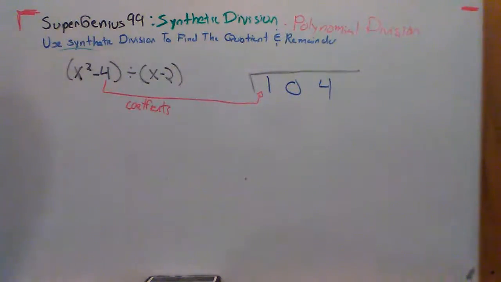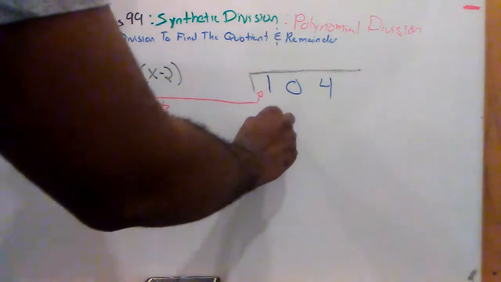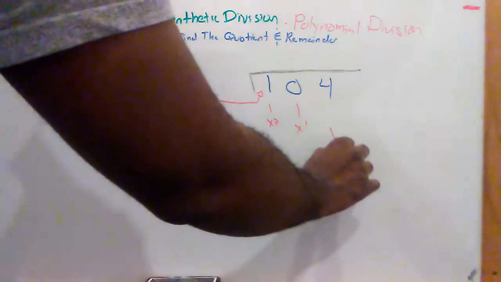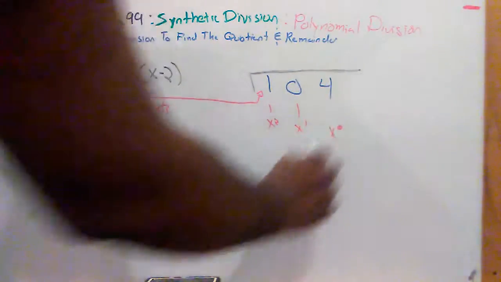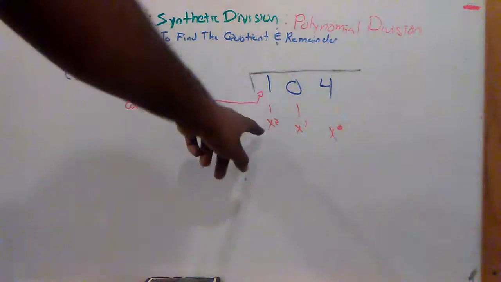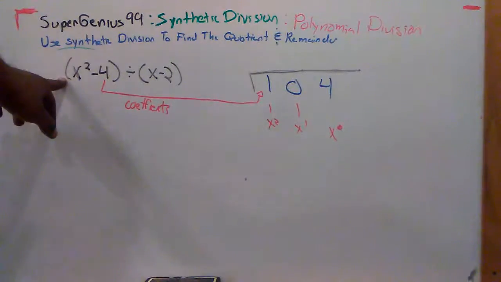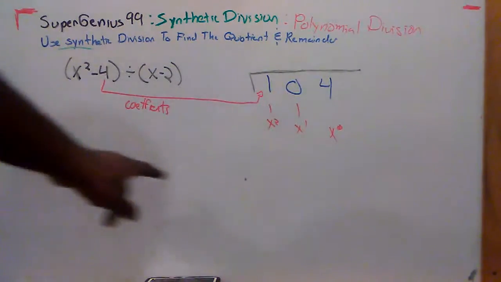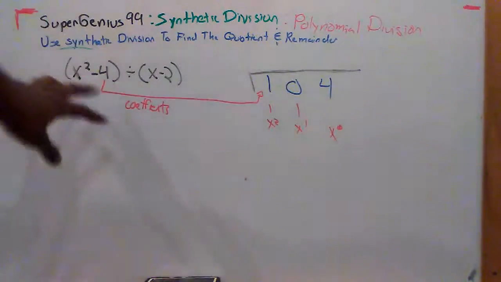So if you want to write down, this is saying x squared, x to the first, and then x to the 0 power. See how the coefficient of x squared is 1. X to the first is 0.